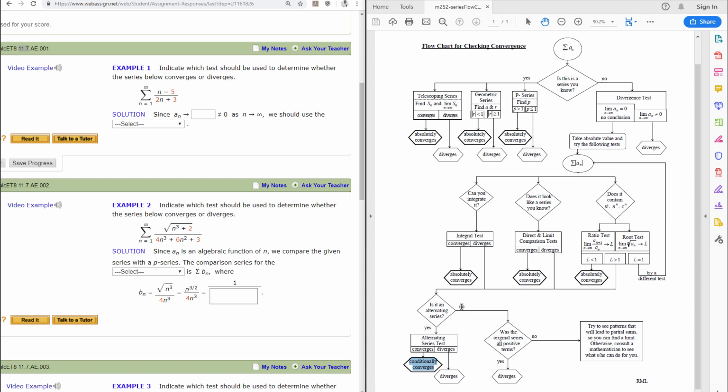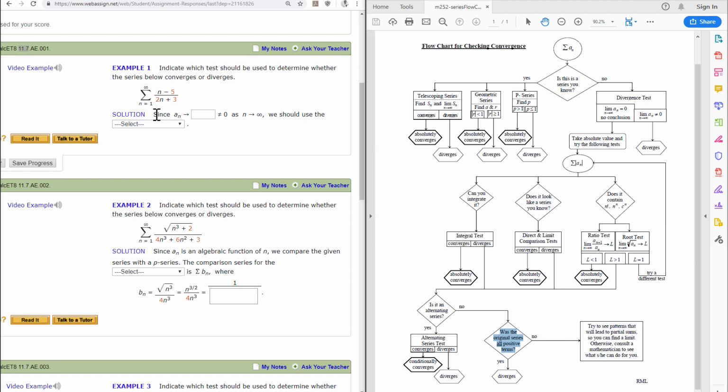And then there are some really rare cases that we're not going to cover: if it's not an alternating series and it's not all positive terms, there still might be a chance for it to converge, but we're not going to look at that. All right, so that's the layout of the chart.